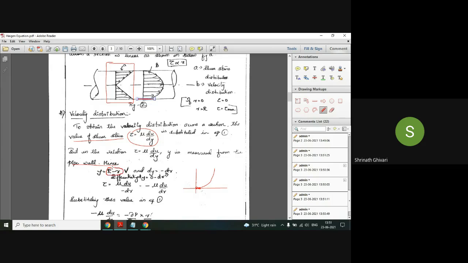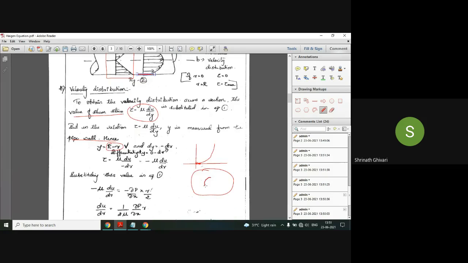y equal to R minus r. Why R minus r? Because this is r, and this is capital R, and this difference is y.